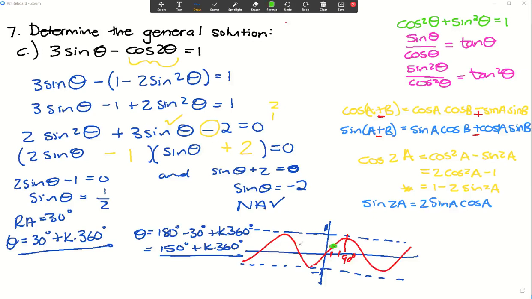I want to know where this solution will satisfy my answers for angles. And if I draw a line, that is what it's asking me. What is this degree? What is that degree? What is that degree that will satisfy this equation every single time?